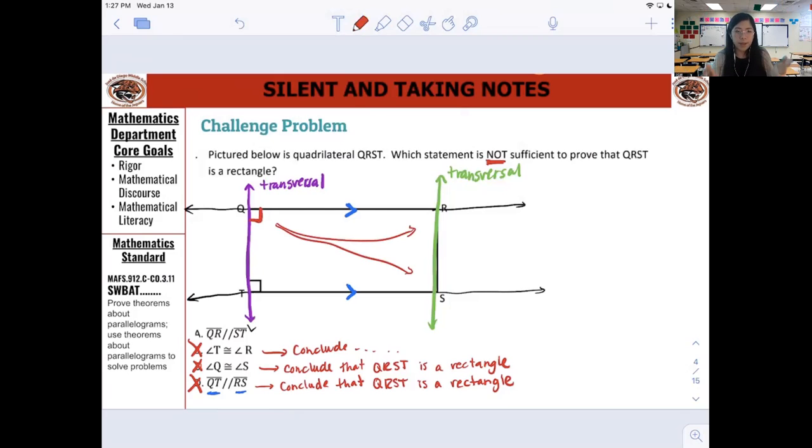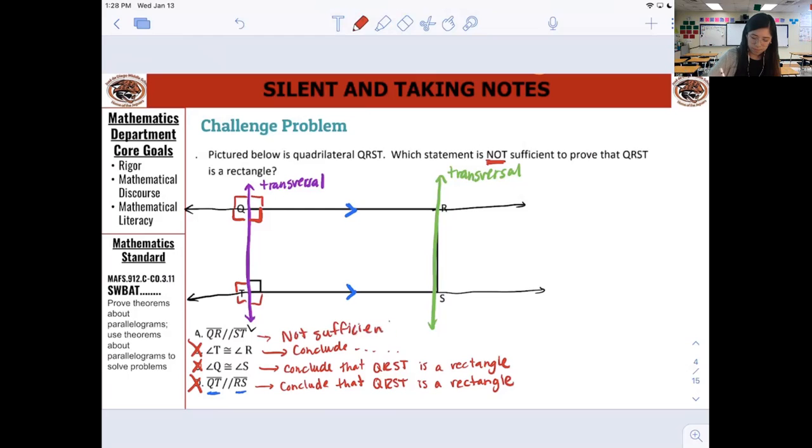You can only compare within the same transversal. So I know that all of these are 90 degrees, but I don't know anything about the green transversal. You can't compare the two of them together. They're each going to have their own situation, okay? So for that reason, this is not enough information. Not sufficient. So that's why A would be my answer.